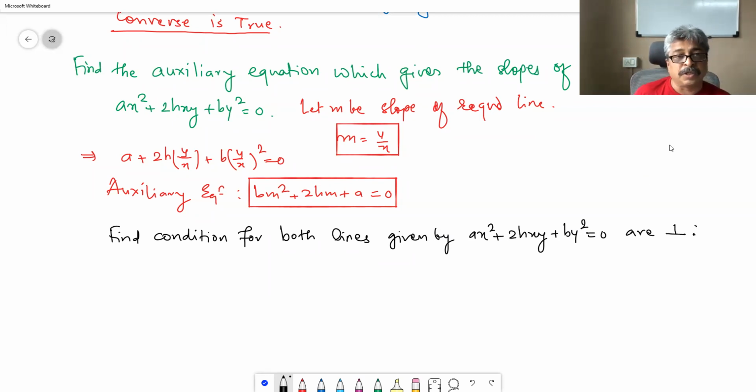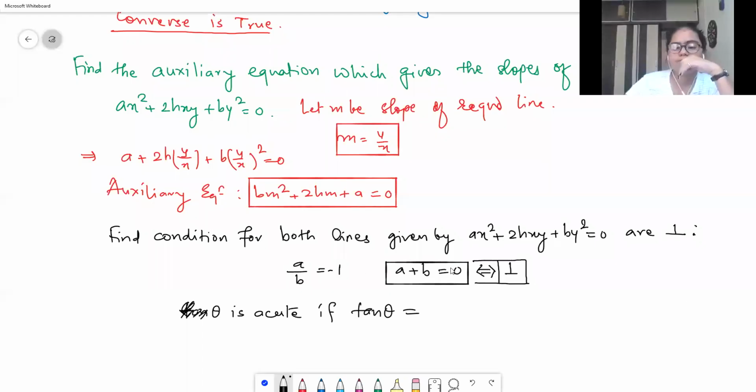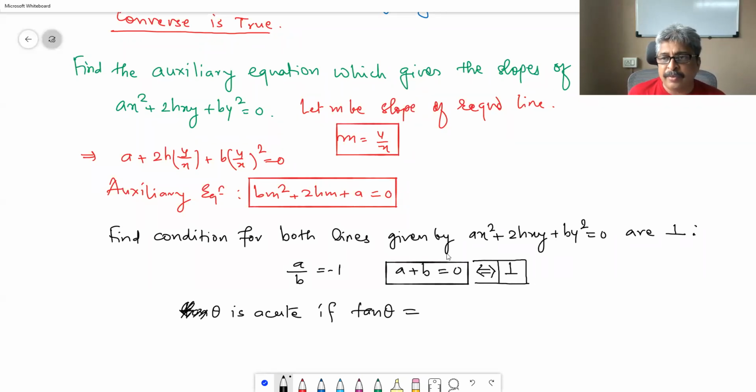What is the condition? Necessary and sufficient condition for both lines to be perpendicular. If two lines are not perpendicular, they will have one acute angle, one obtuse angle. So suppose I want to find out the angle between two lines quickly, that too an acute angle, then what does tan theta come out to be?